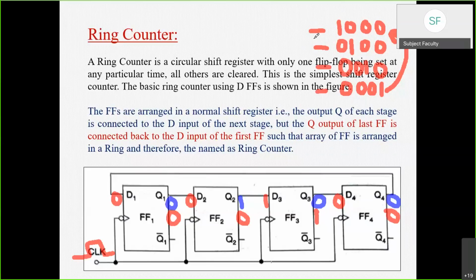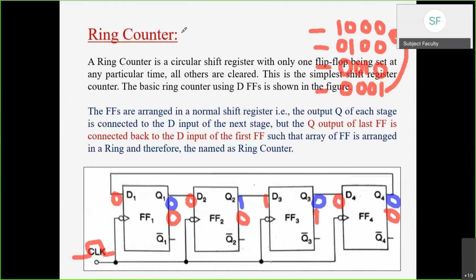Okay, so what was modulus of counter? Modulus of counter was nothing but the total number of states through which a counter is going. So here, our counter is going through 4 different states, and after the fourth it will again come back to 1 0 0 0.